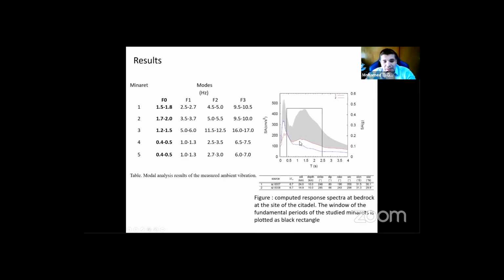It's very interesting that at longer periods the spectrum is higher in amplitude. This is because of far-field effects, far-field earthquakes, which can affect Cairo and trigger longer periods, where the minarets are.